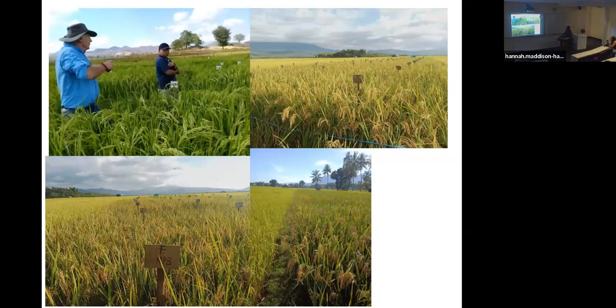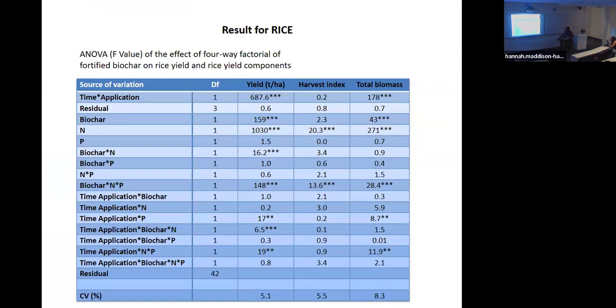This is about the rice study in the wet season. The result indicated that the main factor, time of application, significantly affected rice yield and total biomass of rice. The main factors biochars and nitrogen also significantly affected yield, harvest index, and total biomass.